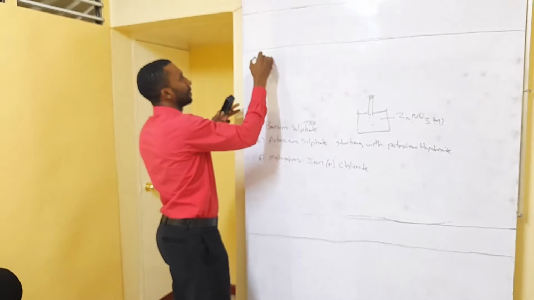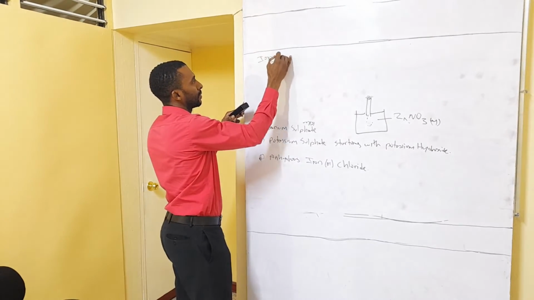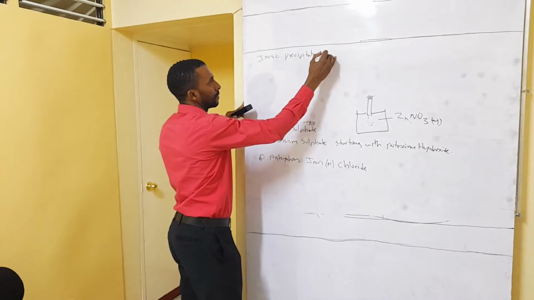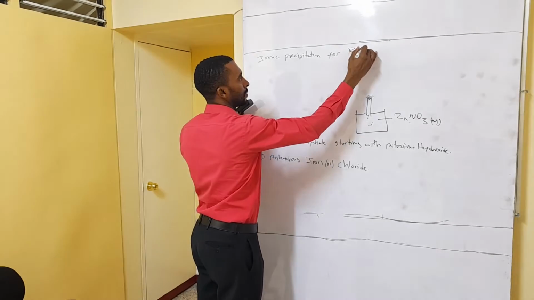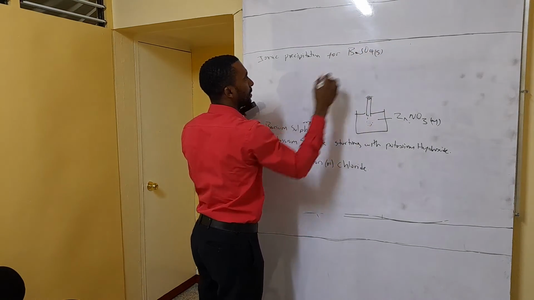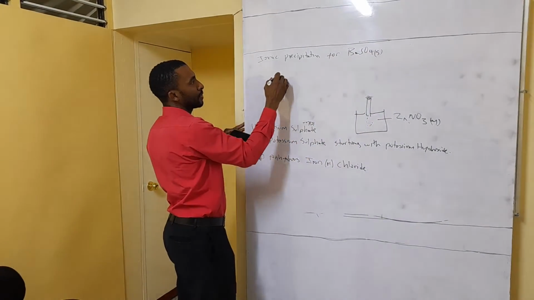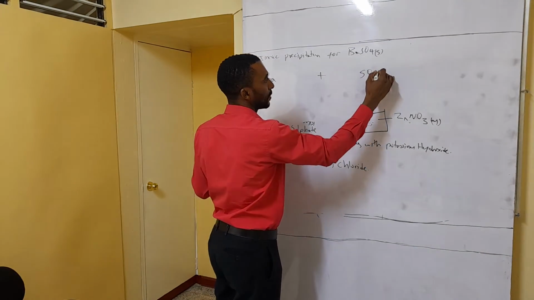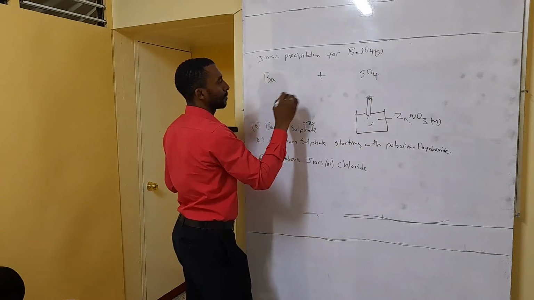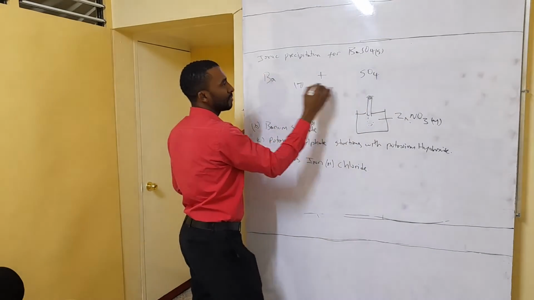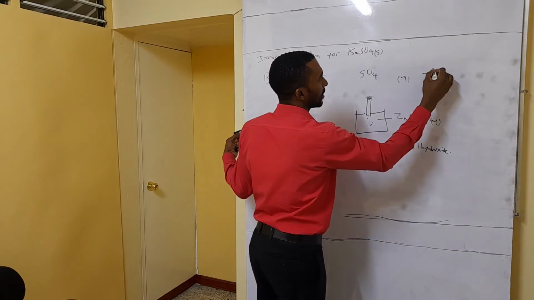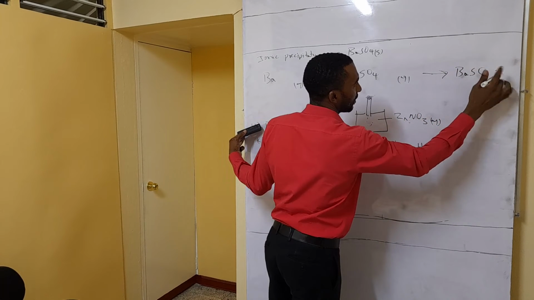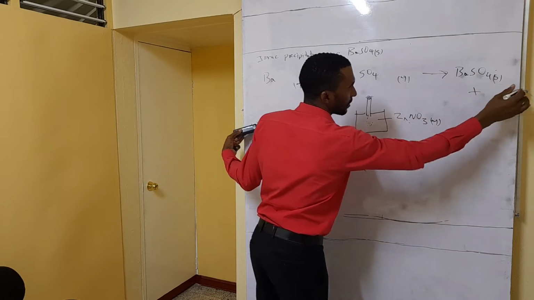Alright, so we have to choose two reactants. It must be Ba plus SO4. Remember that both of these have to be aq, because we are going to need the barium sulfate solid plus something.